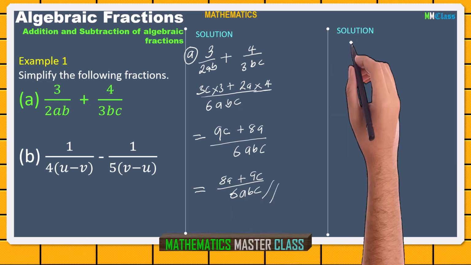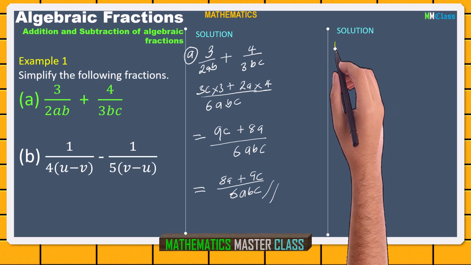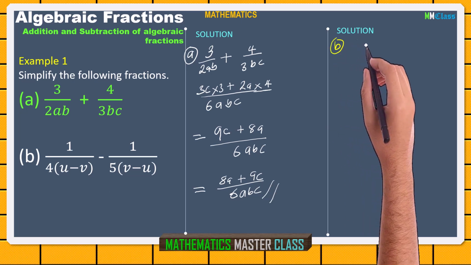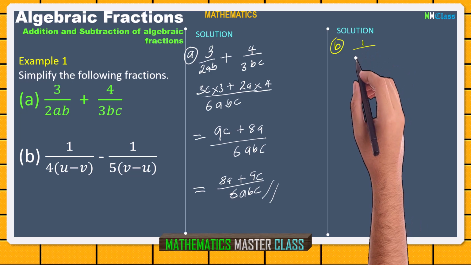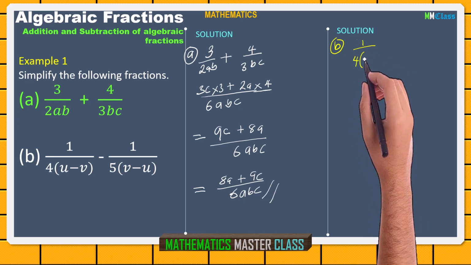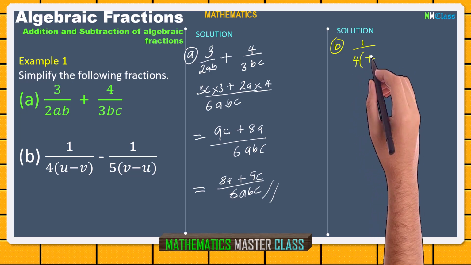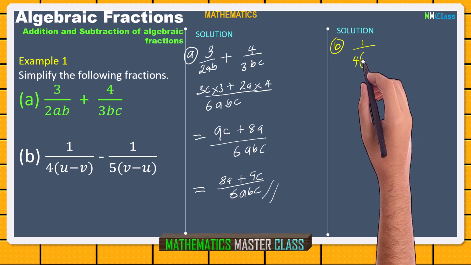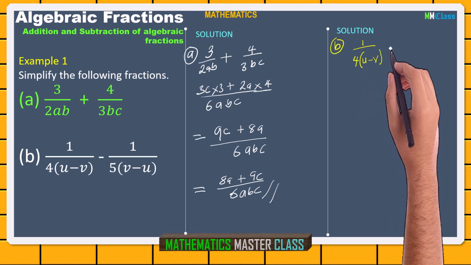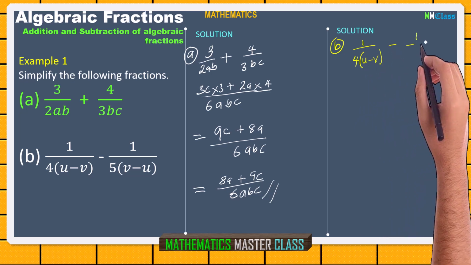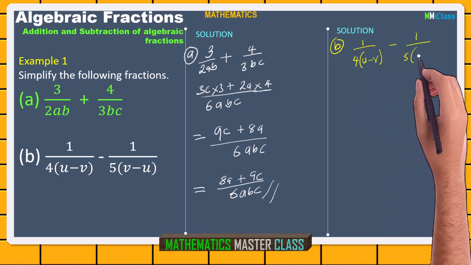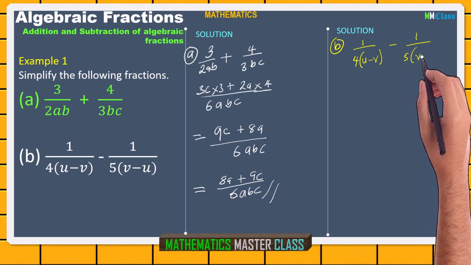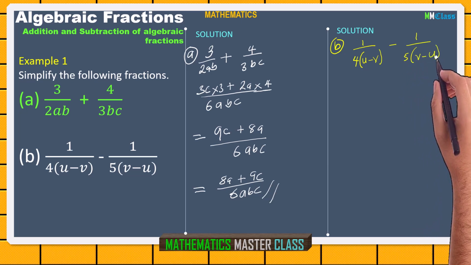With B, we have 1 over 4 open bracket u minus v close bracket minus 1 all over 5 open bracket v minus u close bracket.